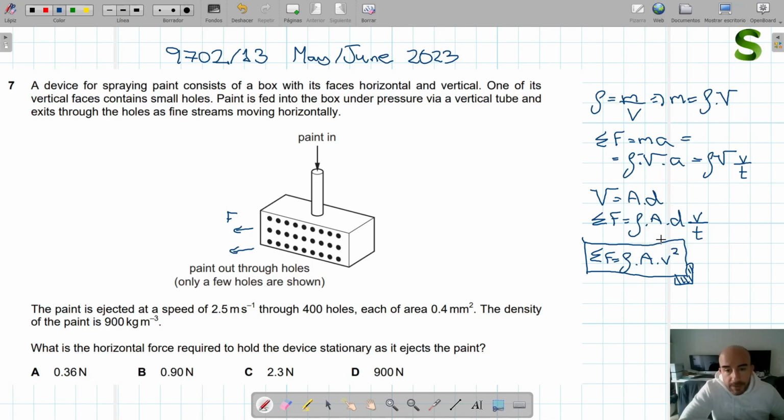Okay, the resultant force equals the density, which is 900, the area, which is 400 holes, multiplied by 0.4 millimeters squared. So in order to change it to meters squared, we have to divide it by 1000 squared because it's squared meters, and then multiplied by 2.5 squared.